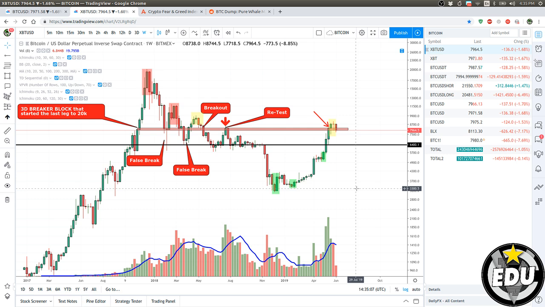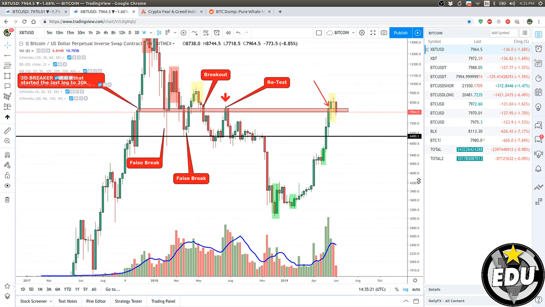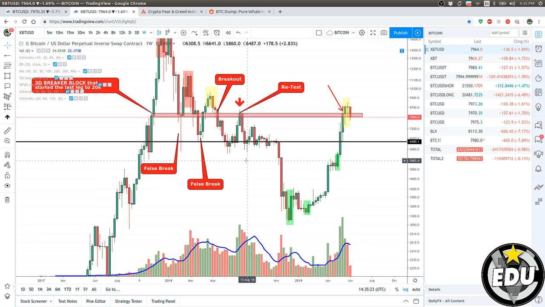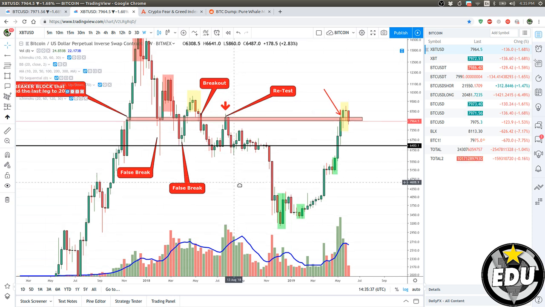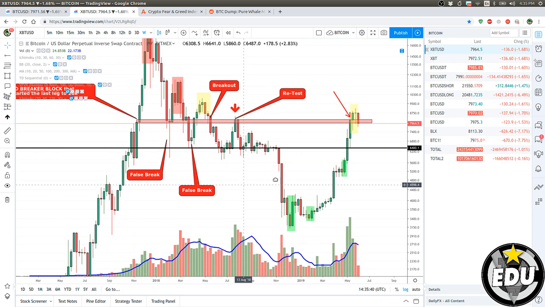August 17 also looked like a spinning top, but then it jumped up much higher. Which one are you talking about? Because if you're talking about that one, that's at the bottom of the trend. Oh, 17, sorry.